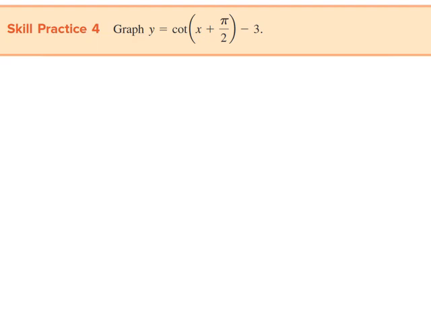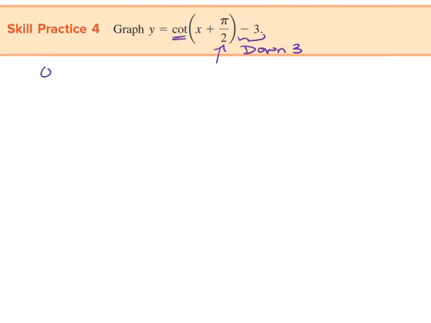Here is the last example that I'll do involving tangent and cotangent. Go ahead and pause this video and give this graph a try. So we're dealing with cotangent here. This tells us that our baseline shifts down 3 units. We also have a phase shift here because I'm adding something in the argument.